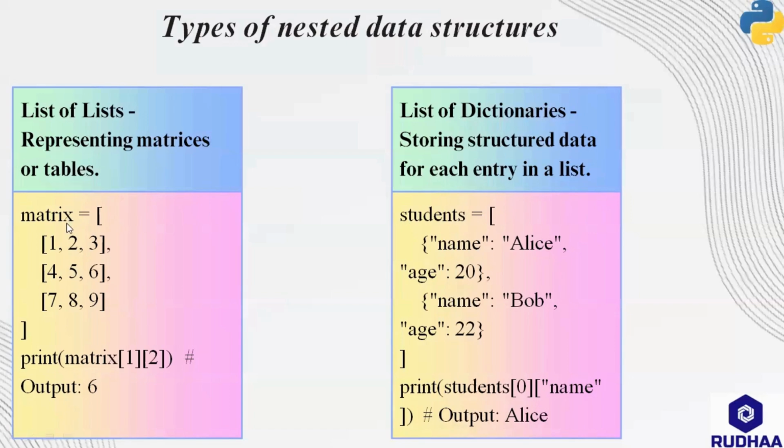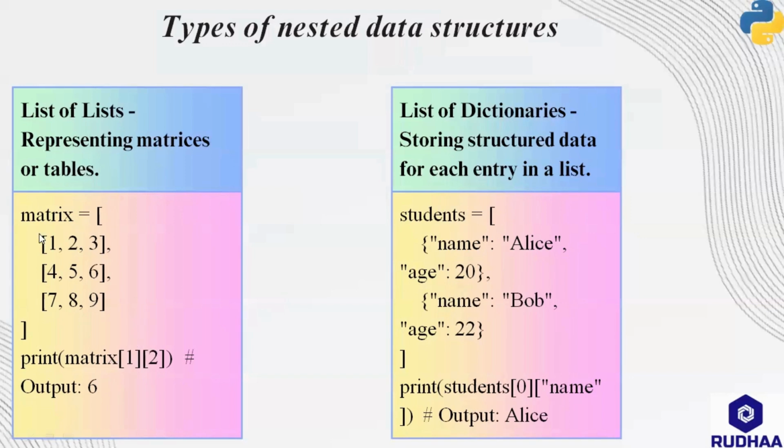When you want to access an element from this matrix, you can access it using this command: print of matrix[1][2]. That means it will print the element in row index 1, which represents the second row, because 0 is the first row.